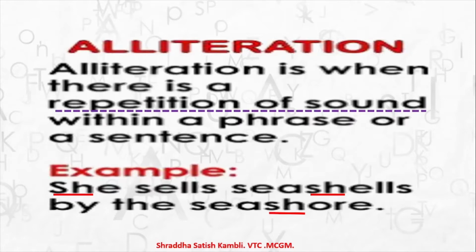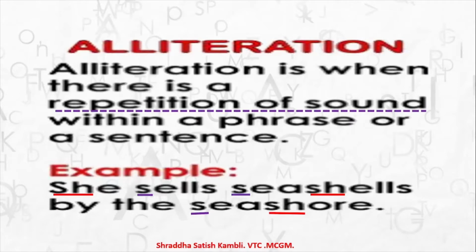There is also one more sound which is repeated. That is the sound of the letter S, which comes in "sells" and again in "sea". So this is an example of alliteration where certain sounds are repeated in a sentence.